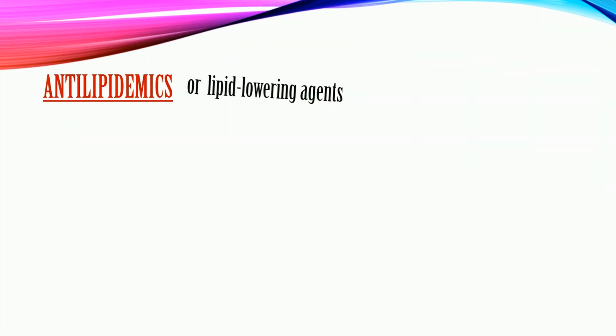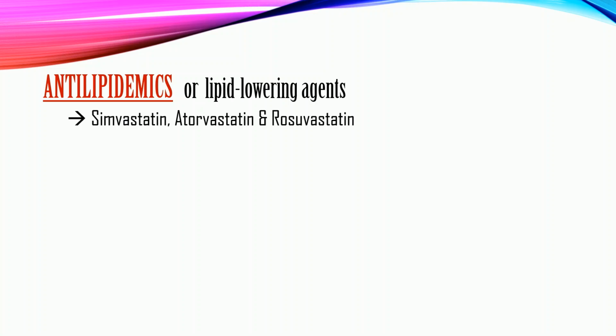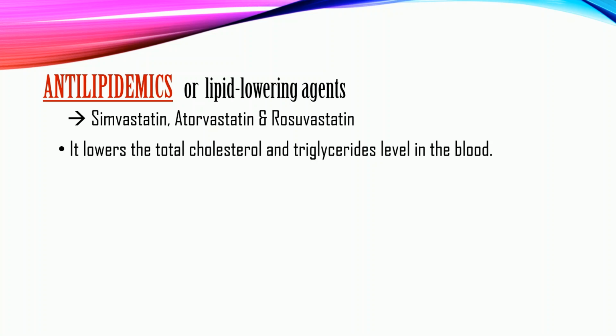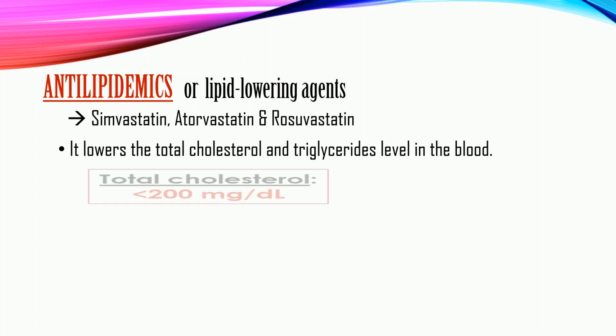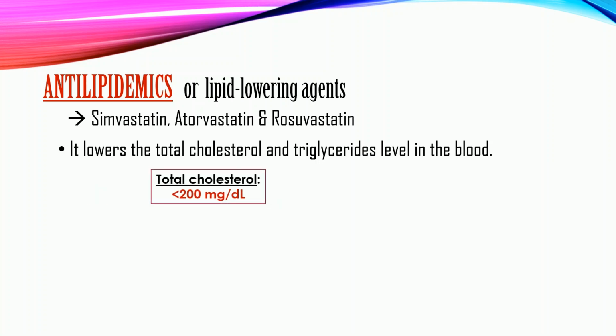Next are antilipidemic drugs or lipid-lowering agents, like simvastatin, atorvastatin, and rosuvastatin. They lower the total cholesterol and triglyceride levels in the blood. The normal range of total cholesterol is less than 200 mg per dl.